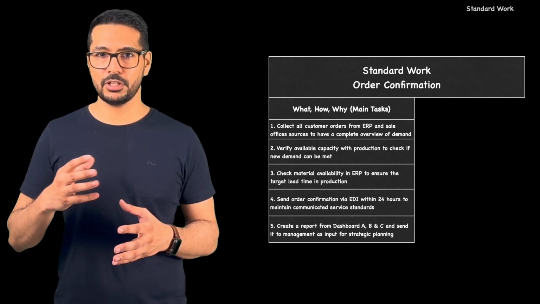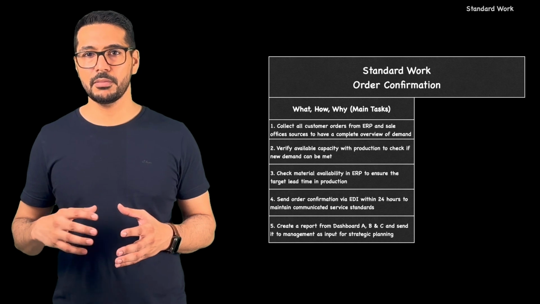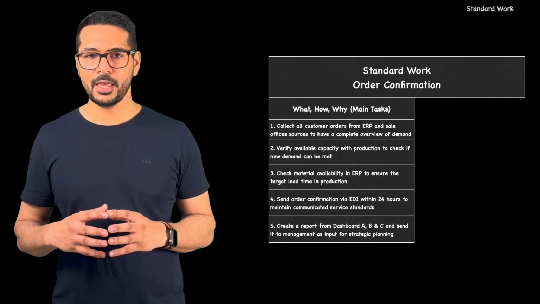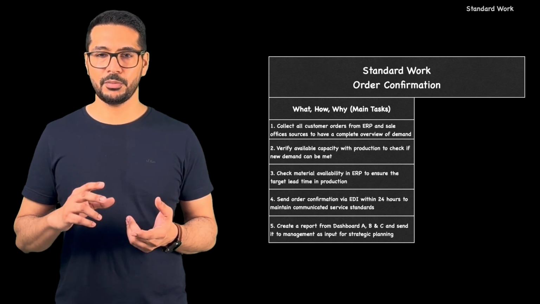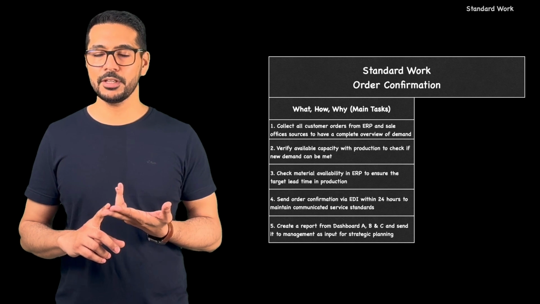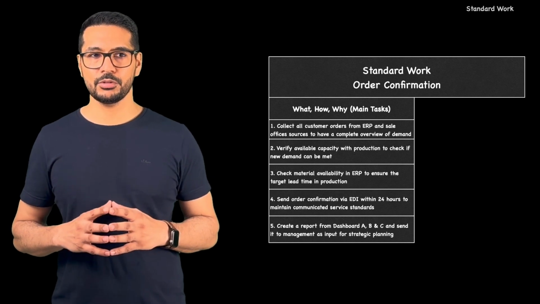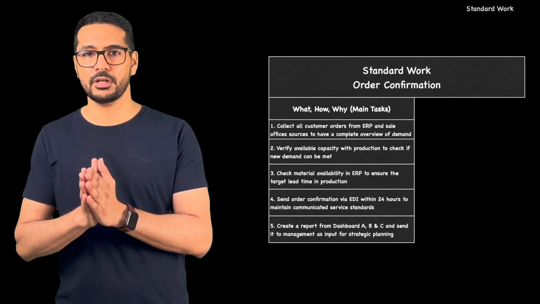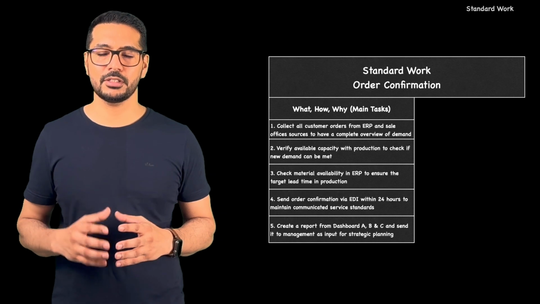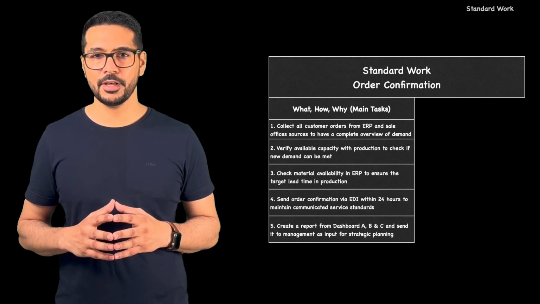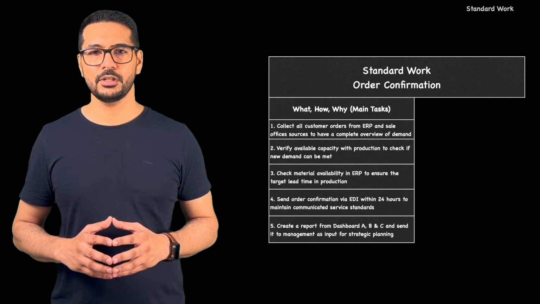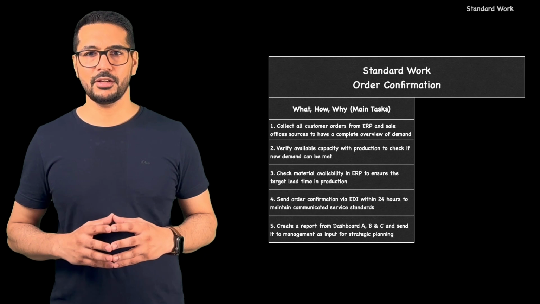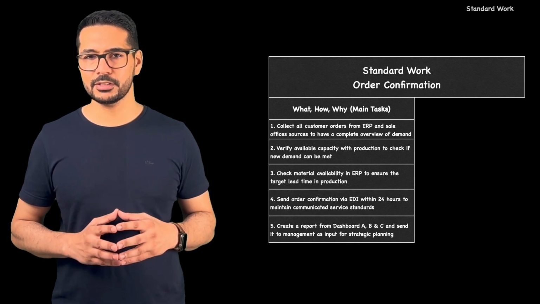Once we have checked, check the available material, whether we have all the required material. Then, once we have checked the production capacity and material availability, we send the confirmation to the customer: yes, we can deliver the product in that time. The last activity is to create the reports from dashboards. So these are the main 5 activities which we have covered in this standard work.